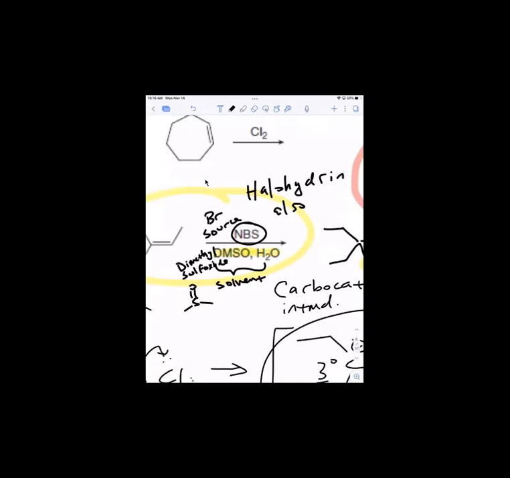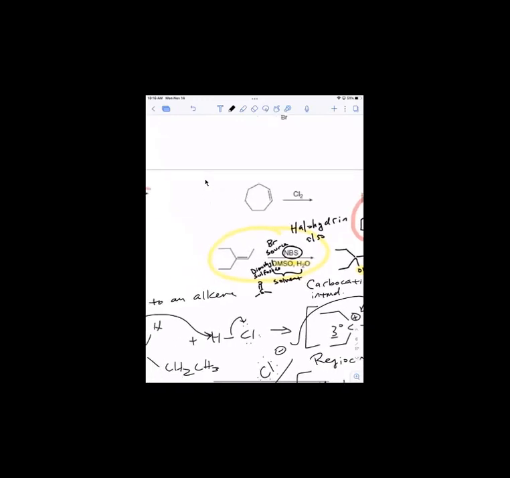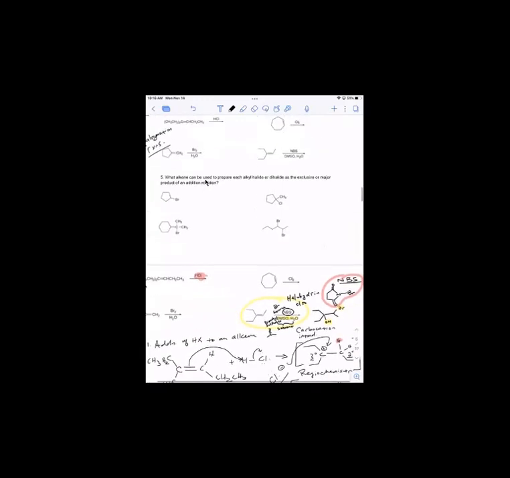Because if you remember back when we were talking about functional groups and physical properties and chemical properties, we talked a little bit about solubility and the fact that like dissolves like. And so DMSO is polar because this reaction has polar reagents. All right. Any questions about anything?